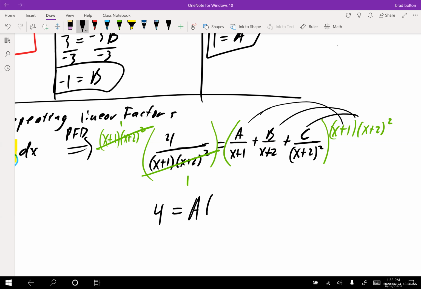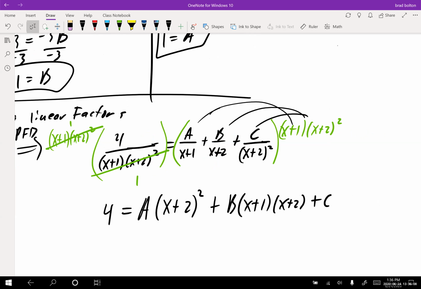Now the x plus 1s cancel, and I'm left with (x plus 2) squared, plus B. One of the x plus 2s cancels, but one of them stays. So I'm left with 1 times (x plus 2), plus C times (x plus 1). Because, for example, this cancels with both of these, and that leaves us with an x plus 1.